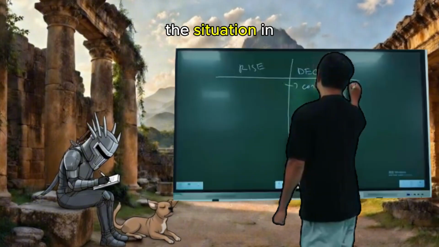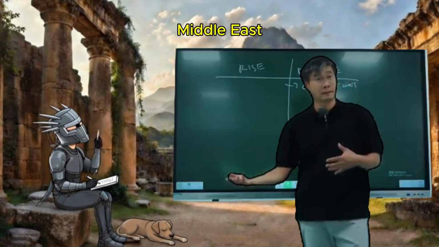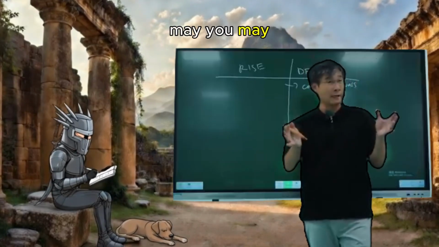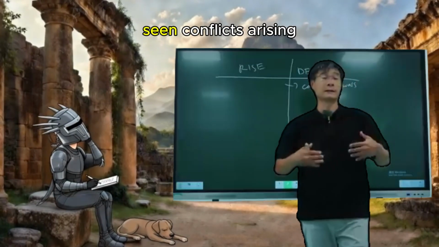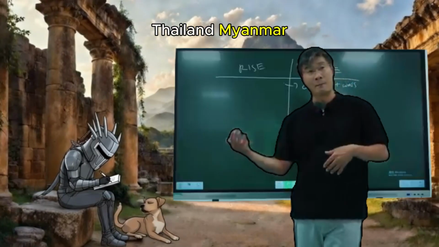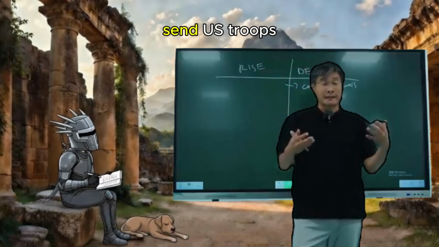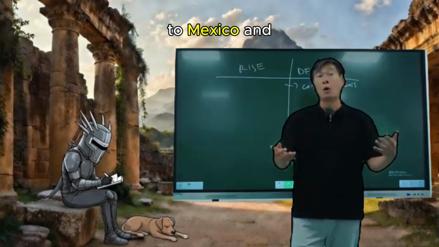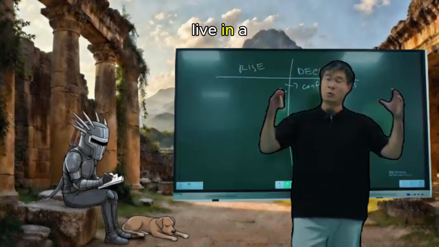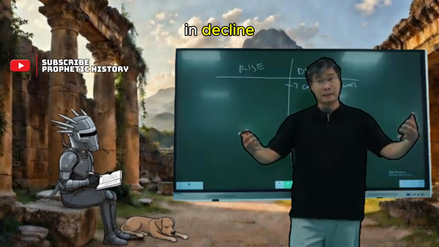You look at the situation in Ukraine, look at the situation in the Middle East. But also, you may have seen the news and you have seen conflicts arising in Southeast Asia, Thailand, Myanmar. Also, Trump is about to send US troops to Mexico and Venezuela. Okay, so we live in a world of conflict. And that tells us that the world is in decline.